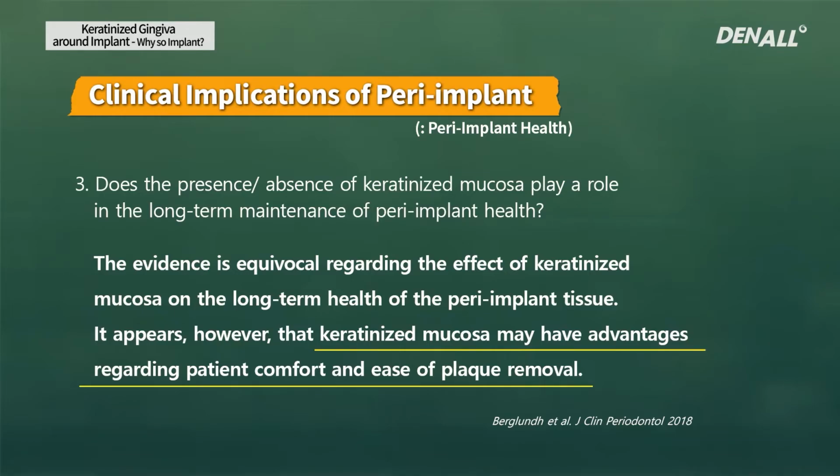So that is the conclusion. Of the 4 variables we saw before, gingival recession and alveolar bone loss can be set aside, but regarding oral hygiene and inflammation, keratinized mucosa may have advantages.